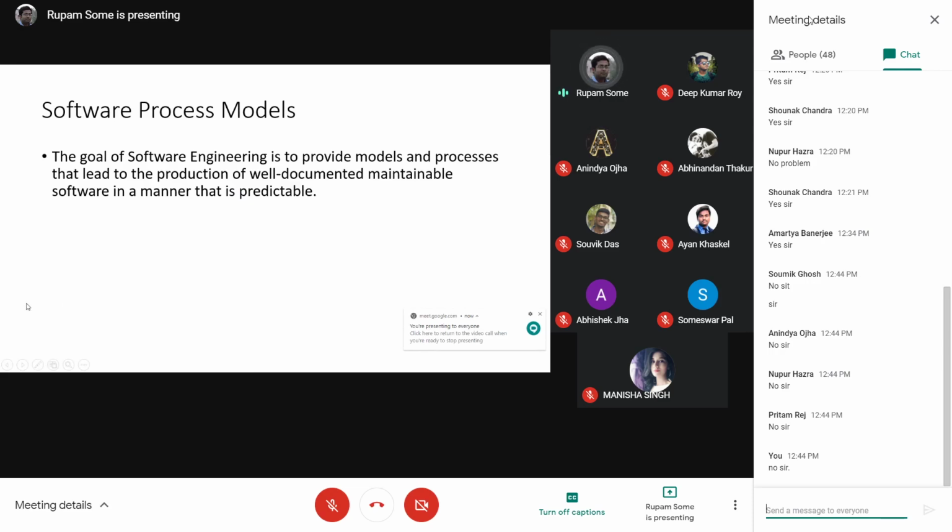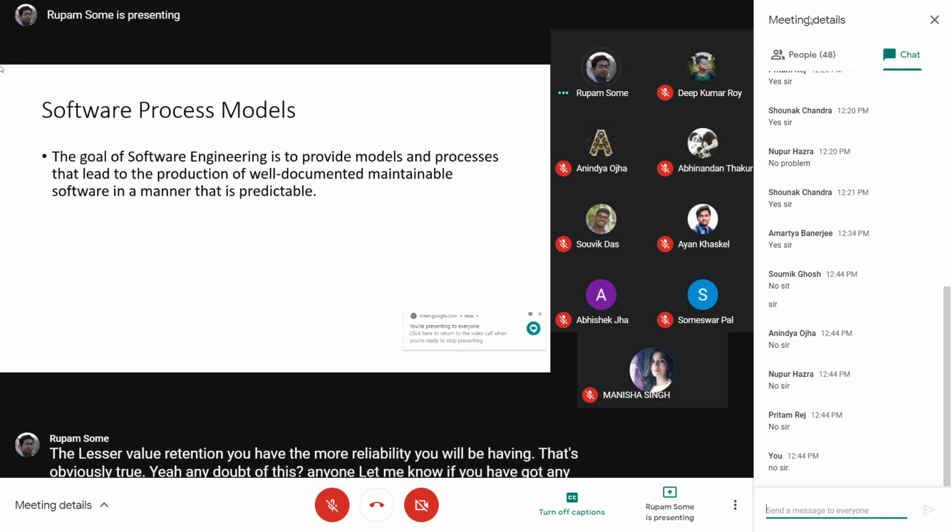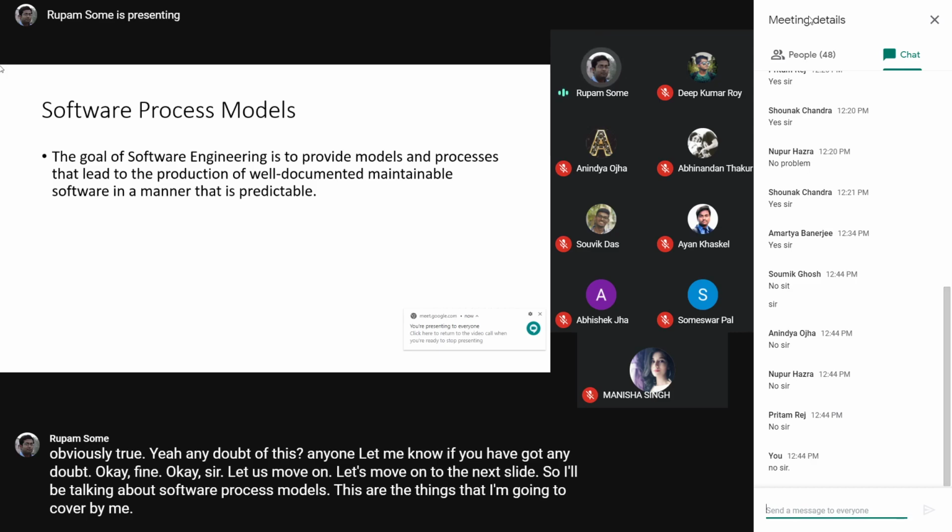Software process model, as I already mentioned during the discussion related to SDLC, that whenever you want to deliver any product, you would have to follow some layered approaches. You would have to follow an approach based on which you can say these are the layers involved in the development of my product.